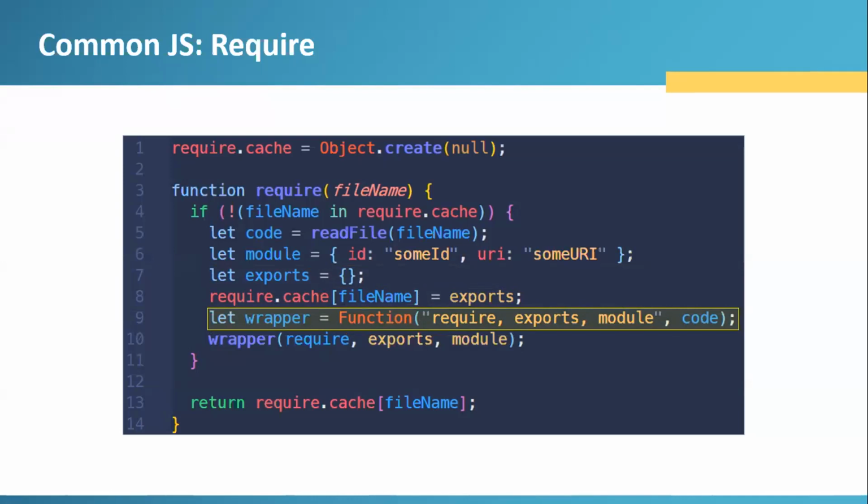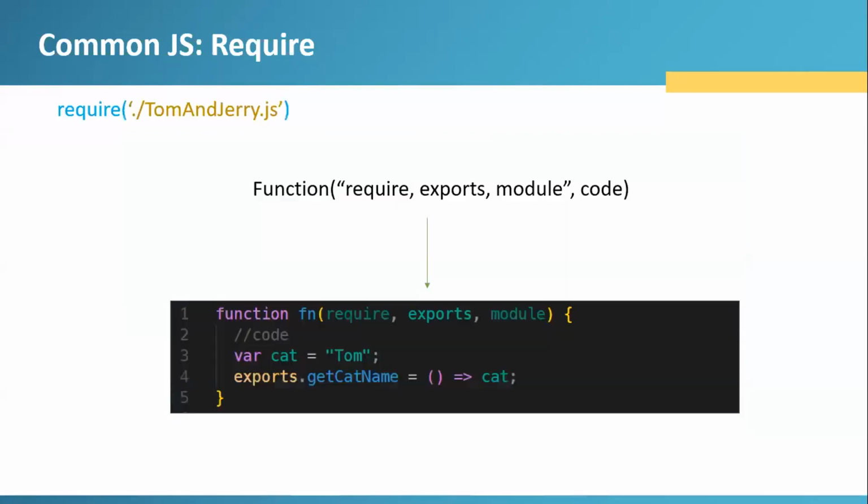So we talked about this function constructor, right? Let's see how we use this and what it does. Again, taking the same example of require tomandjerry.js. What does function constructor do? If you observe the code closely, the second parameter of function constructor, which is code, we have the raw string form of the tomandjerry.js file stored in the variable code.